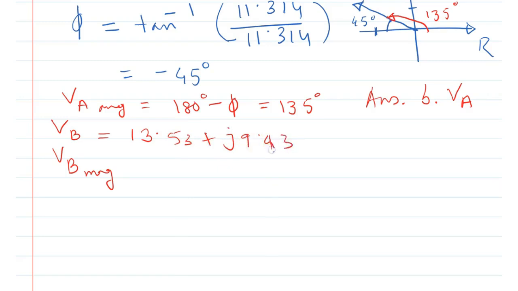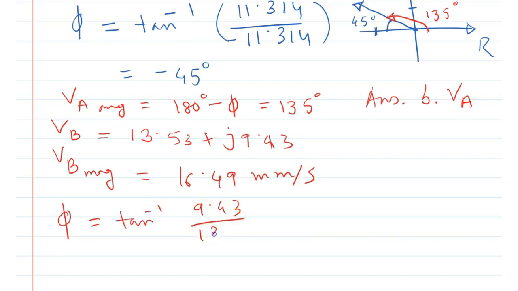That is our complex number, and then we get the magnitude of VB as 16.49 millimeter per second, and in terms of angle we get tan inverse of the imaginary part divided by the real part, and the calculated angle is 34.88 degrees or 35 degrees.